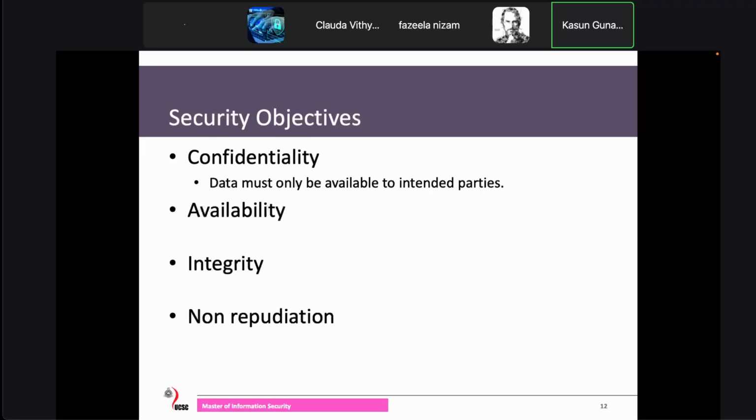So confidentiality is basically that we are releasing or sharing the data only with the intended party, and others should not be able to access it. So that is the confidentiality aspect of data in databases.